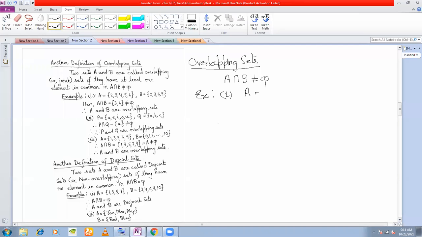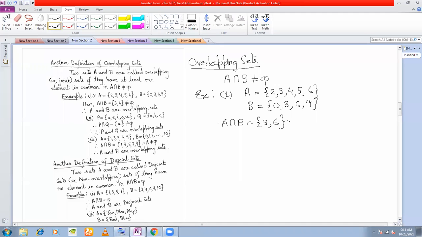Suppose I give you A is equal to 2, 3, 4, 5, 6, and B is equal to 0, 3, 6, 9. You find out A intersection B. How do you find out A intersection B? You check what elements are common between the two. What are the common elements? Only 3 and 6 are common.